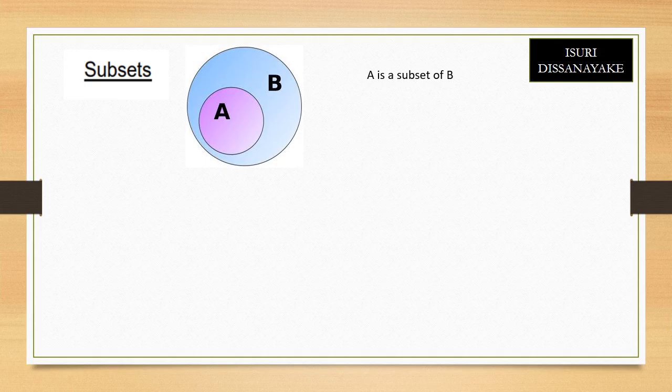We can symbolize A is a subset of B. So this is the symbol that you use in sets to show that it is a subset.